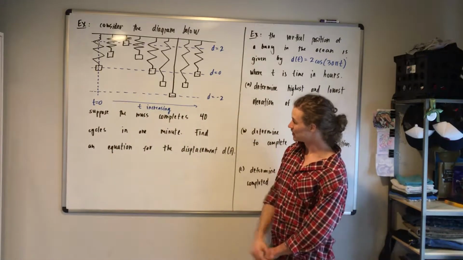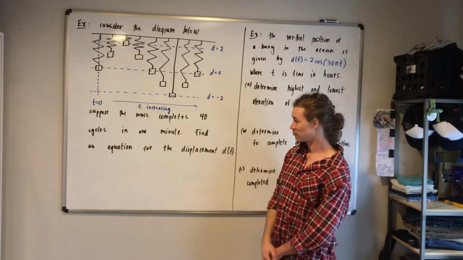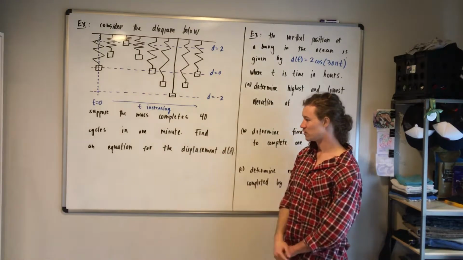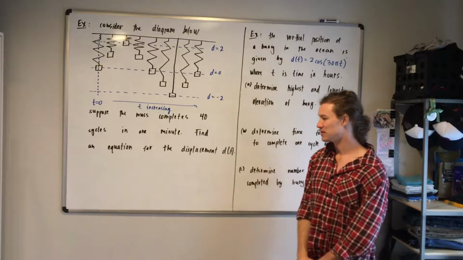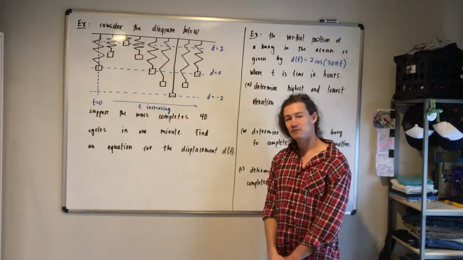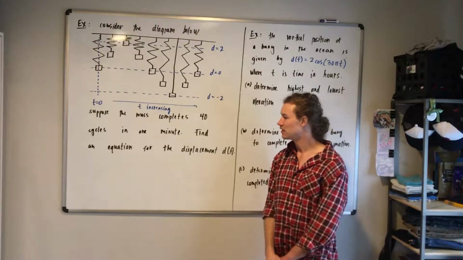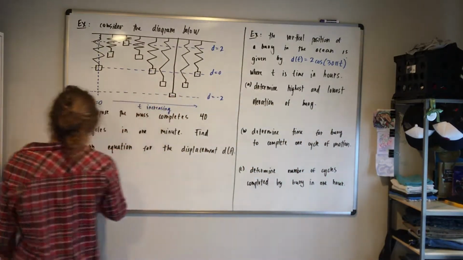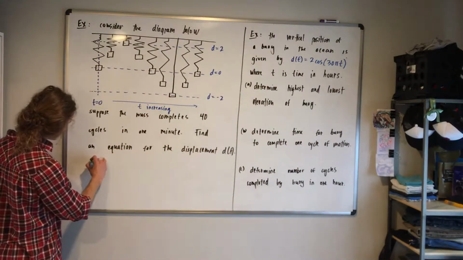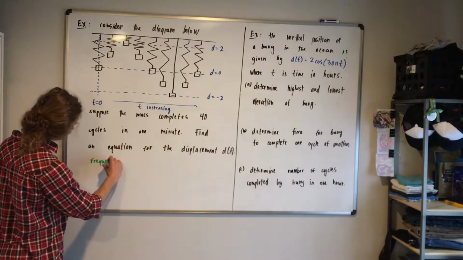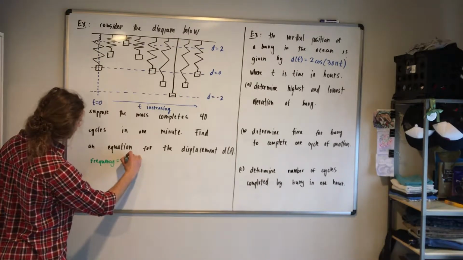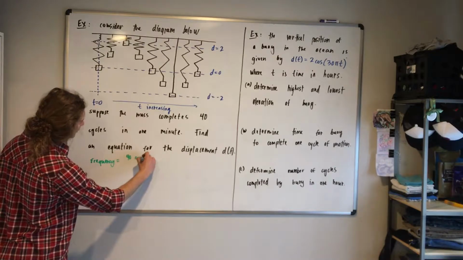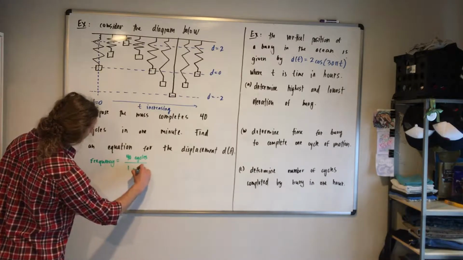So here in this case, we suppose that this mass oscillating on the spring completes 40 cycles in 1 minute. Find an equation for the displacement d of t. How will we find this? Well, consider we're given here the frequency for motion. So if we complete 40 cycles in 1 minute, we know our frequency is 40 cycles every 1 minute.